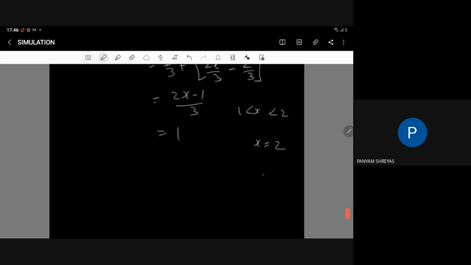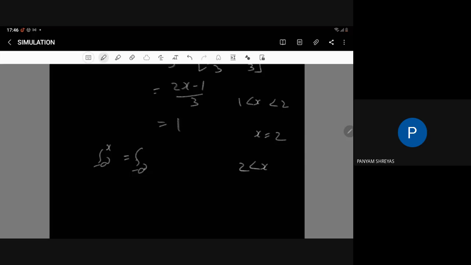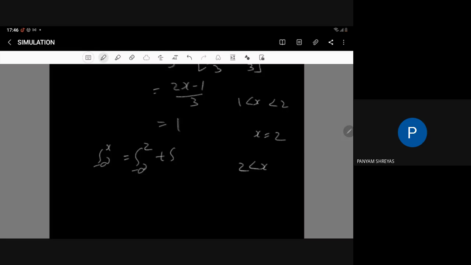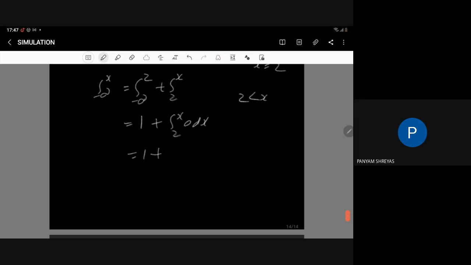For x greater than 2, the integral from minus infinity to x will become minus infinity to 2 plus 2 to x. Here we have 1 plus the integral from 2 to x of 0 dx, that is 1 plus 0, that is 1.